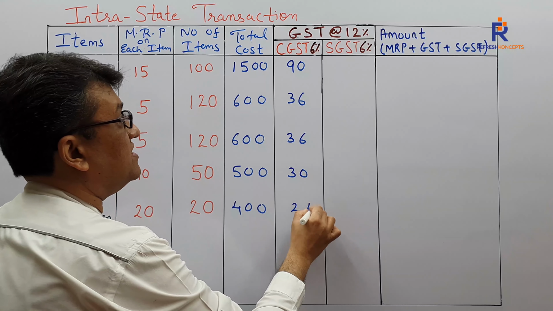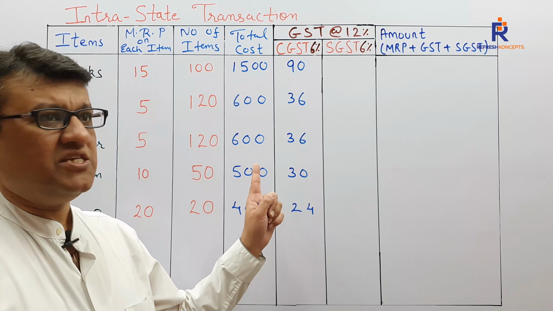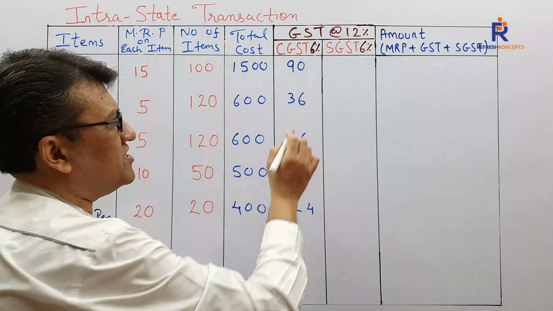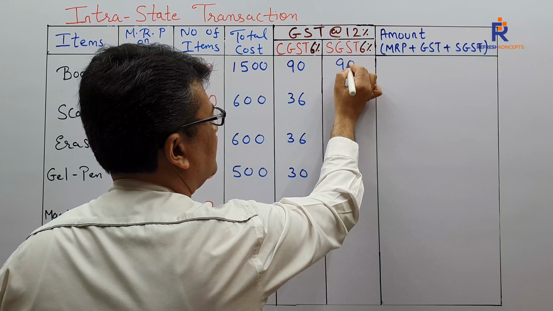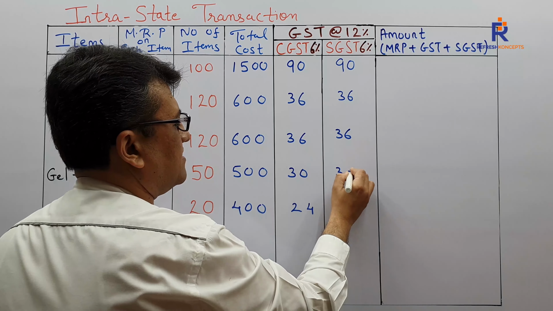So this is nothing but the CGST paid. We are very much aware that whatever the CGST is, the SGST is going to be the same. So we are not supposed to calculate; we can just jot down the numbers as they are: 90, 36, 36, 30, 24.